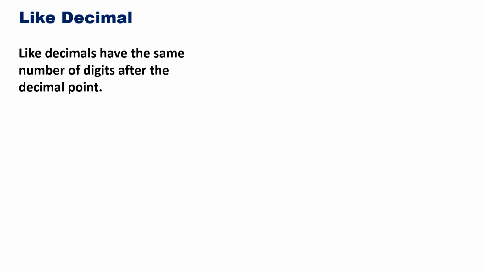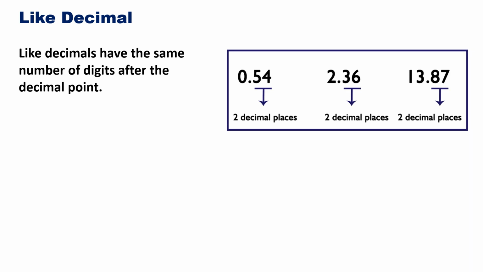Like decimals. Like decimals have the same number of digits after the decimal point. Let's see one example. Here we have three numbers. One is 0.54, another is 2.36 and the next one is 13.87. In 0.54, after the decimal point, we have two decimal places. Means after the decimal point, we have two digits.